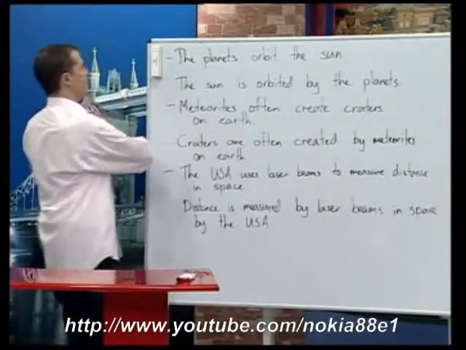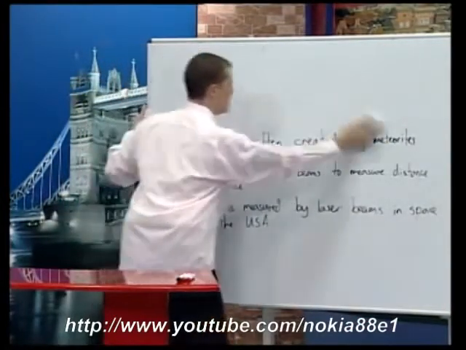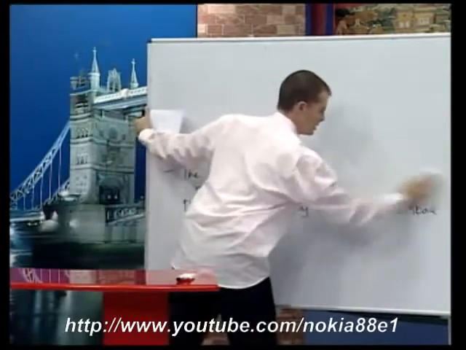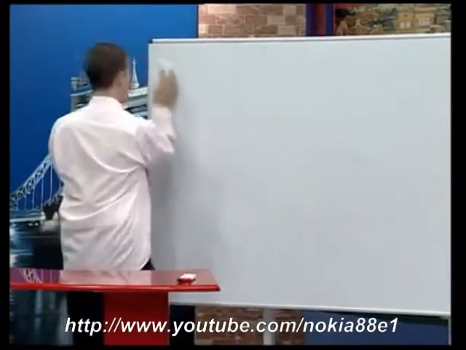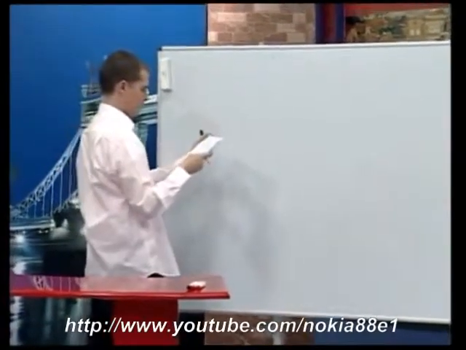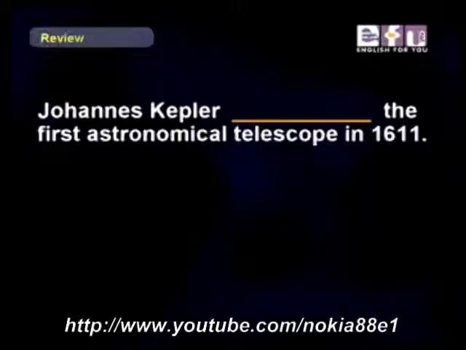So I'll write you a sentence and I'll leave a blank, and then I want you to make the passive sentence for me. So I'll write you an active sentence with a gap, and you give me the passive sentence. Monica, here's your one.